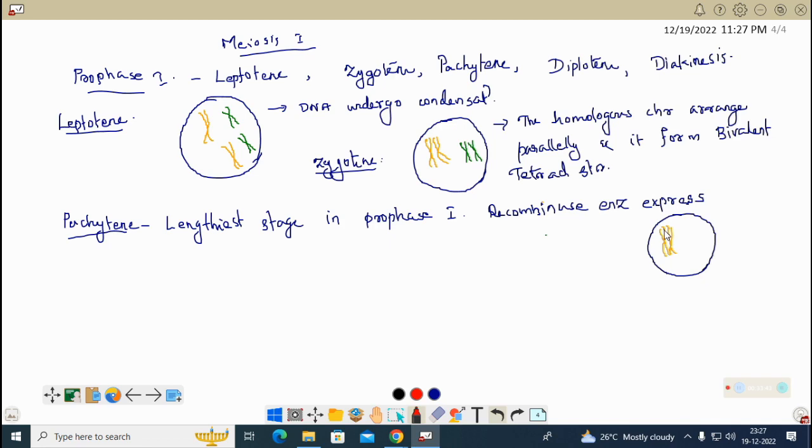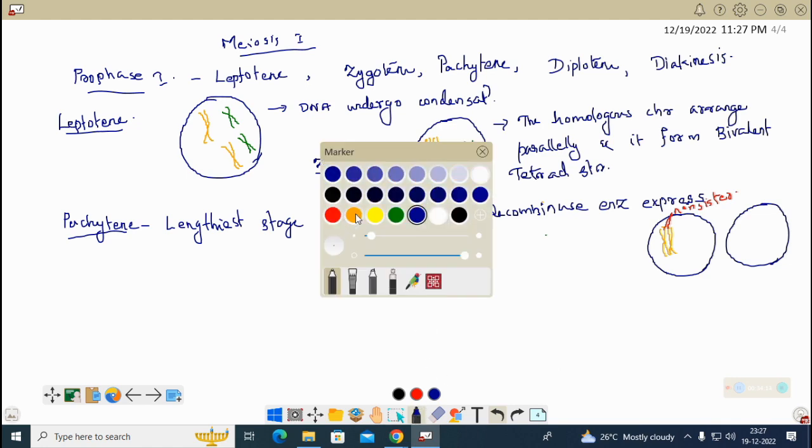So I'm marking these two as non-sisters. These non-sister chromatids will undergo recombination by making the recombination nodule in the presence of recombinase enzyme. How they produce the recombination nodule, I'll tell you. Again I'm drawing this one.